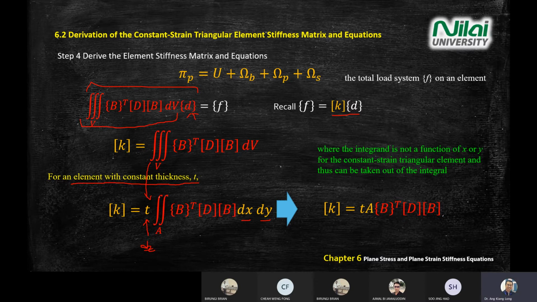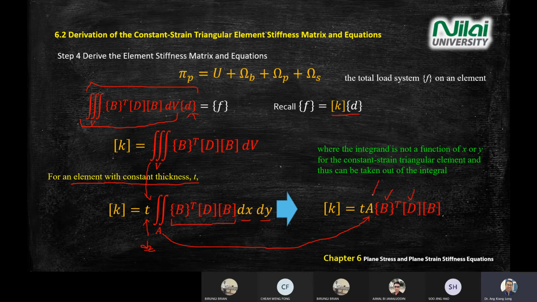When you take integration of this dx dy, because you know that this is a constant value, you integrate your dx dy, you get A. So you can write your stiffness matrix K for plane stress element as t A, or area, B transpose D, and times the B. We already show you how to get B. We already show you how to get D. So transpose is a matrix function.